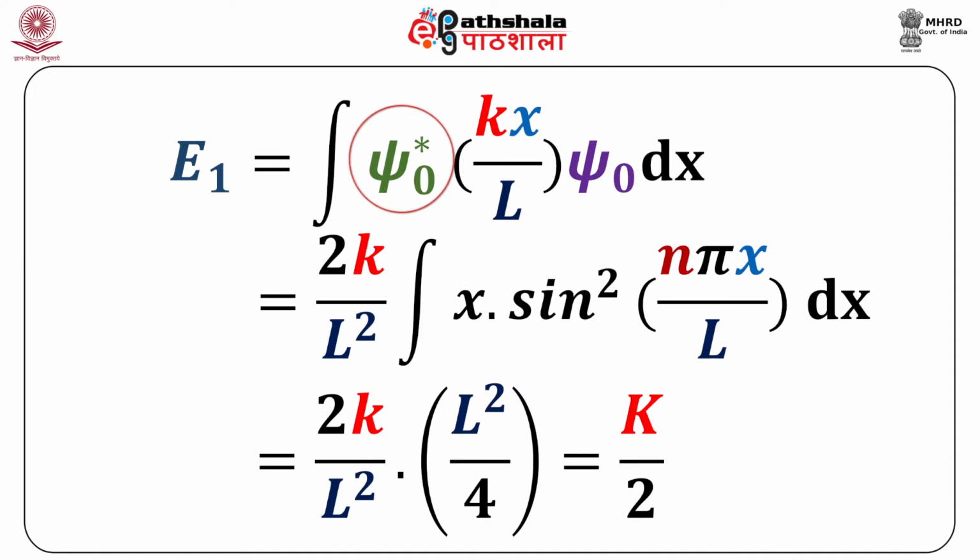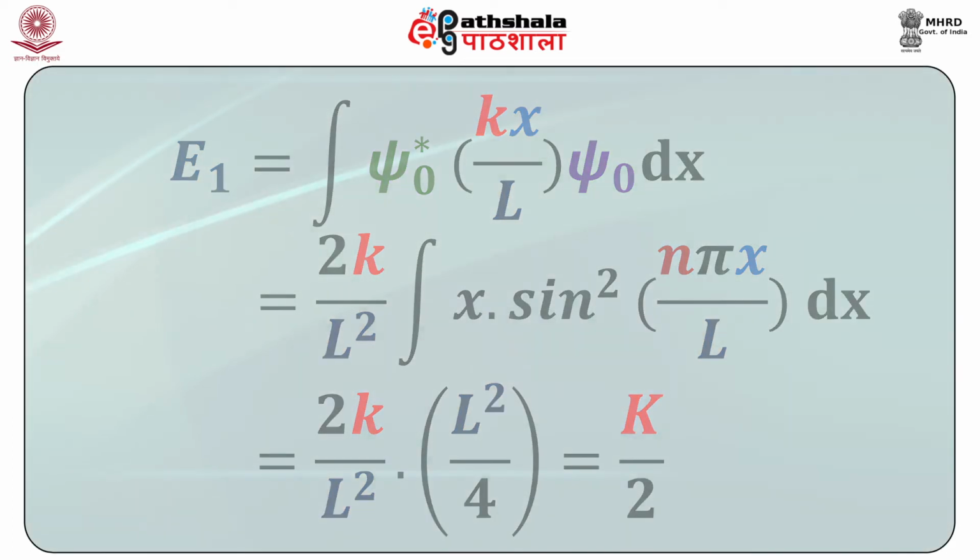Then we put H1 cap, which is the correction we just mentioned, and if we substitute all this, we get the first order correction to energy due to perturbation, which comes to be K by 2.